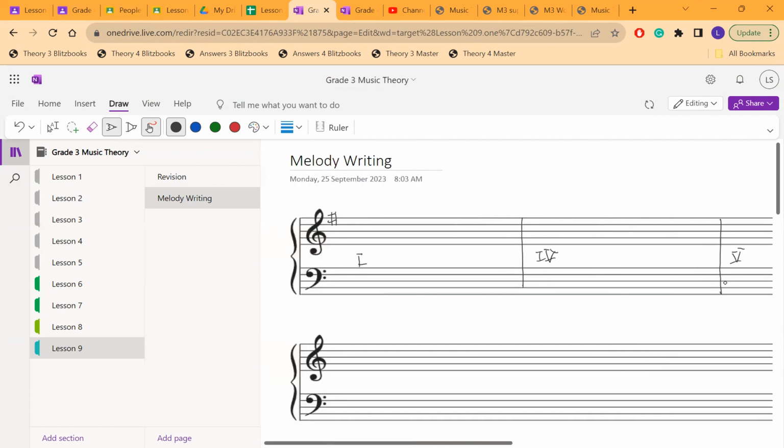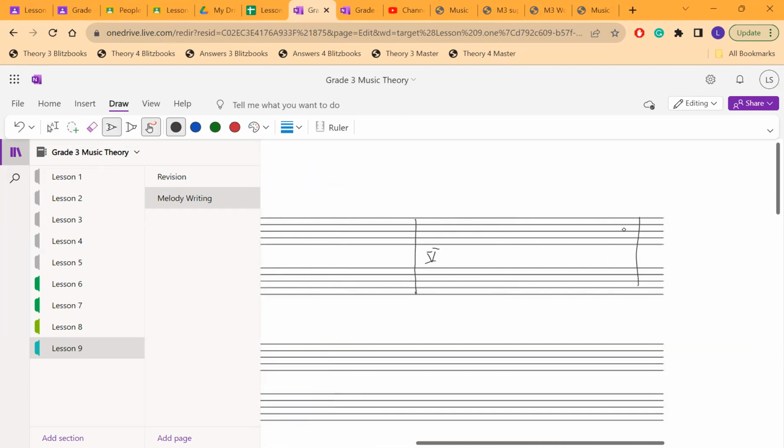Oh, random space. Okay. I know the last note only has to be a bar long anyway. 1, 4, 5. No, you're right. We're about finishing. Well, if you want to copy this down, sure. So with 1, 4, 5, 1.